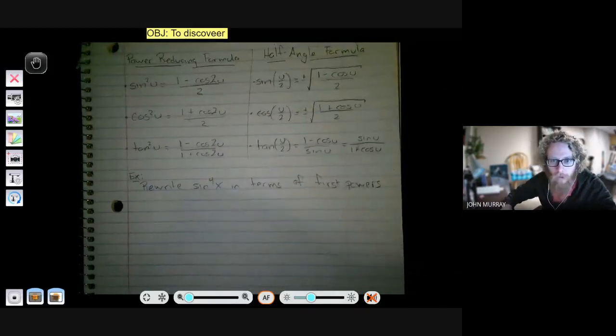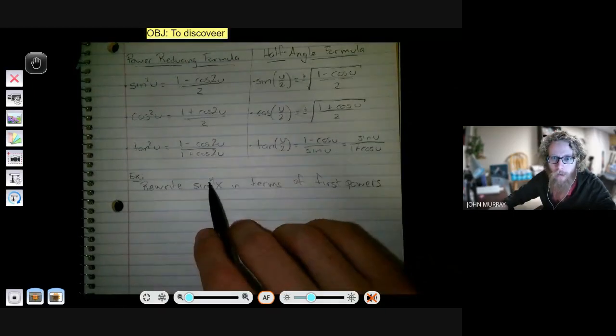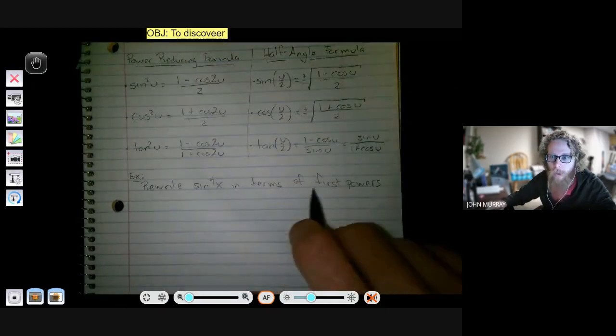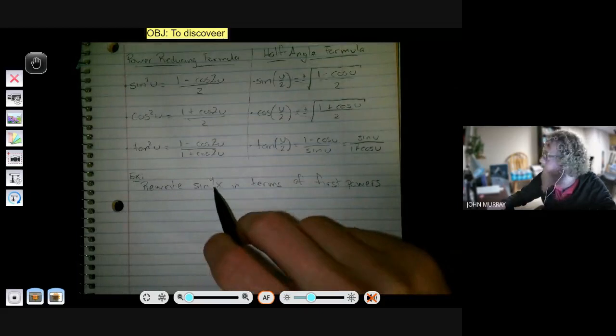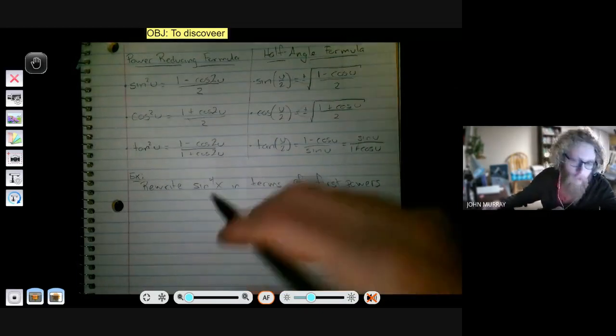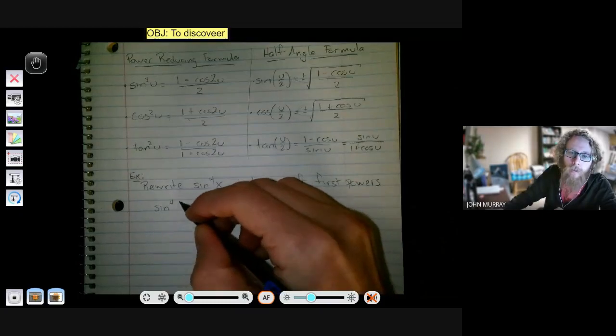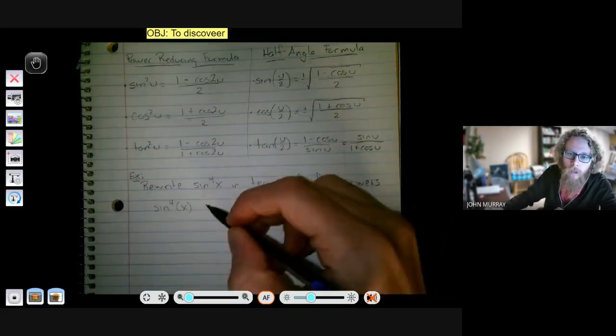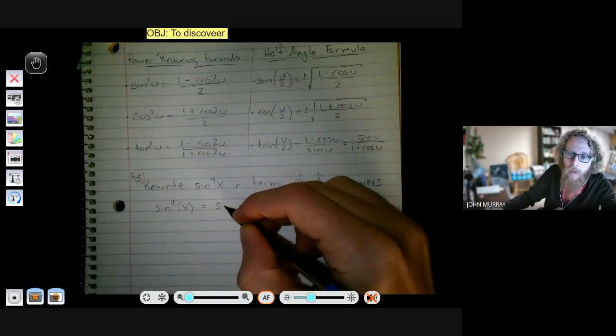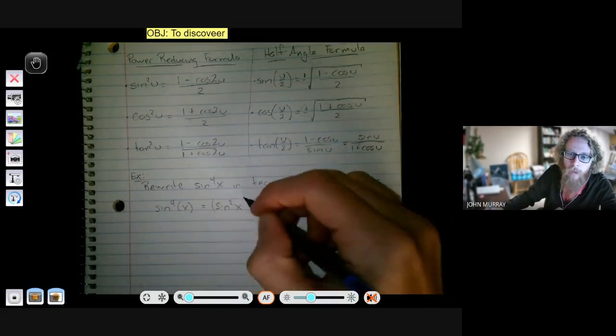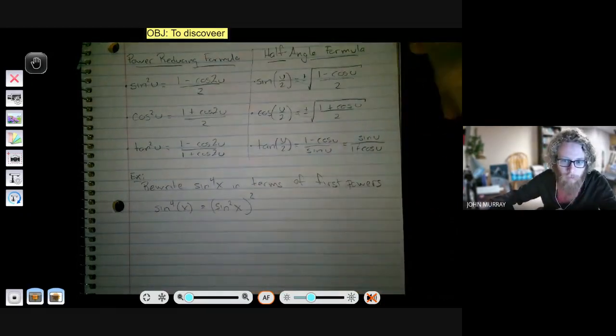So what I'm going to do here is I'm going to rewrite sine to the 4th power of x in terms of first power. So I don't want any exponents anymore. So the first thing that I can do is I can say that sine to the 4th x is the same thing as sine squared x, squared, right?